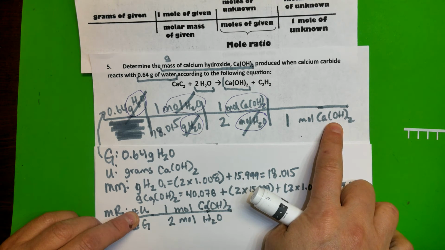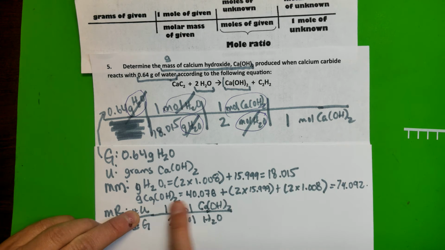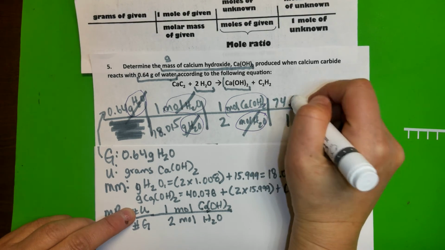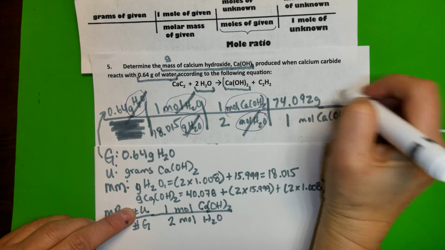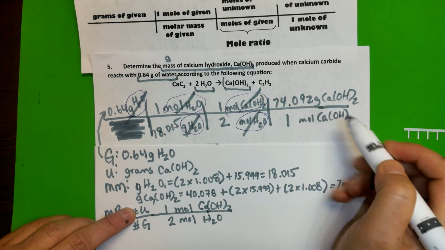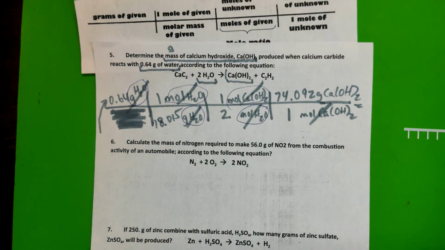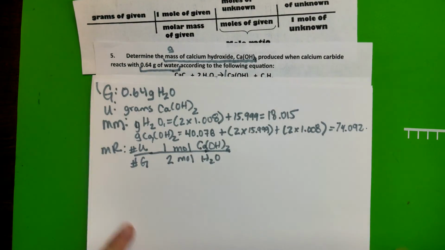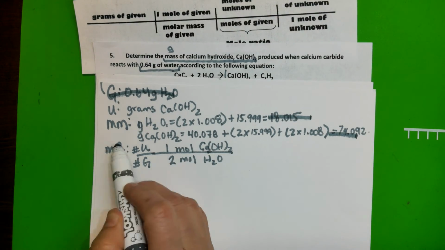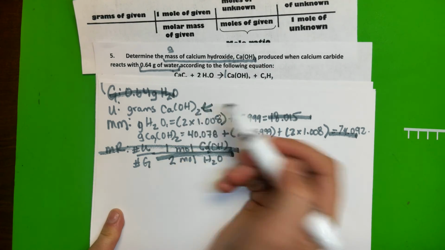Then here is the molar mass of calcium hydroxide, which is 74.092 grams of calcium hydroxide. This cancels, and now you're ready to multiply. You already did your given, you already did the molar mass, and you already did your mole ratio. All you need is to solve it.